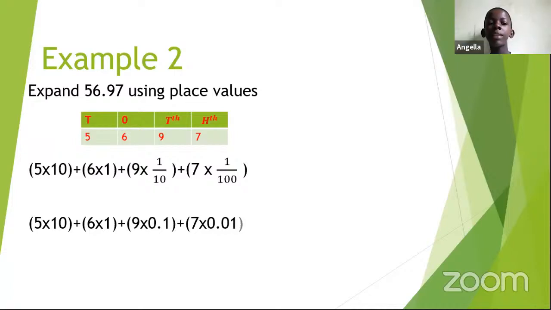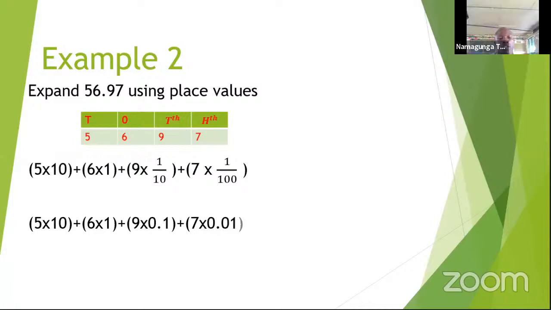5 times 10 plus 6 times 1 plus 9 times 1 out of 10 plus 7 times 1 out of 100. Thank you very much. The next step will be 5 times 10 plus 6 times 1 plus 9 times 0.1 plus 7 times 0.01.